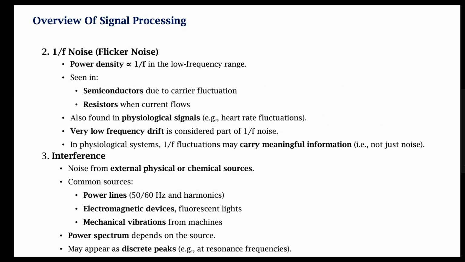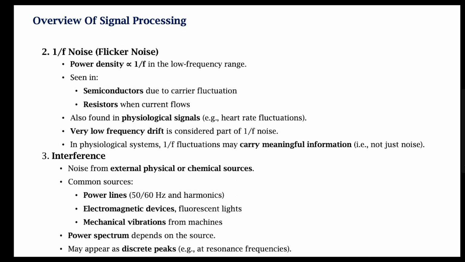Common sources are, for example, power line noise, power line interference. This is always there because you cannot have an electronic system without a power line. So as soon as you start a measurement system, there is always a power line, and there's always a noise or interference that comes from the power line. And also in the biomedical situation, there might be other bigger electromagnetic devices.